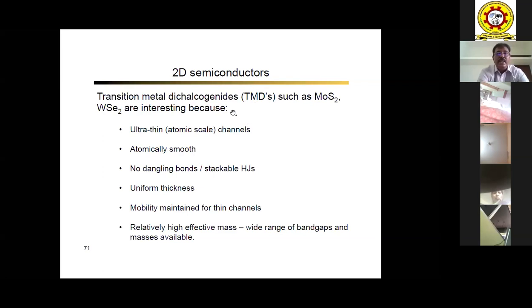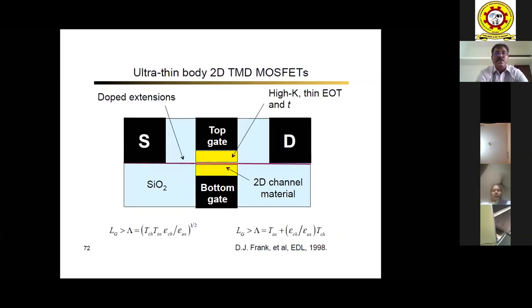They are quite ultra thin in terms of atomic scale channels and atomically smooth as well. No dangling bonds, stackable heterojunctions, uniform thickness can be achieved, mobility maintained through thin channels. All those things are there, this is the general structure.